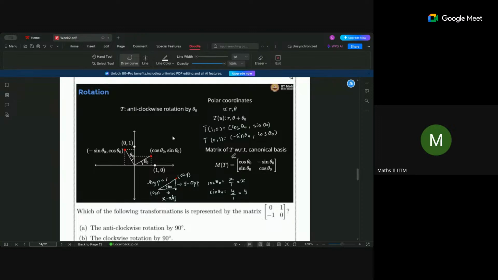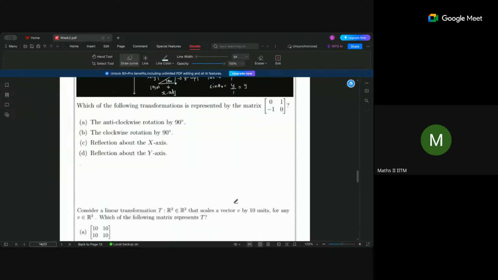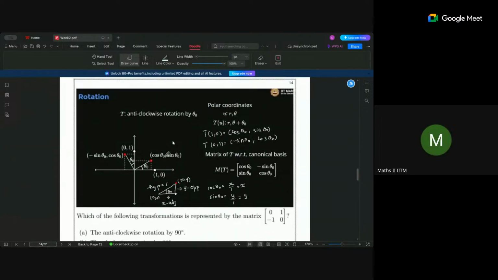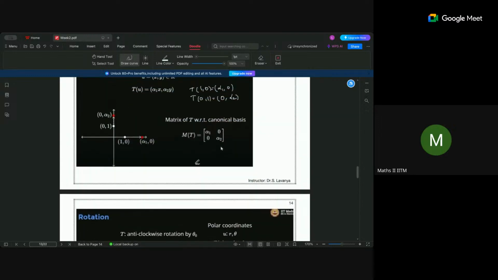Is this rotation linear or not? Of course it is a linear transformation, because linear transformation is all we are studying here. Except for translation, all the properties we study from that point onwards are only for linear transformations.